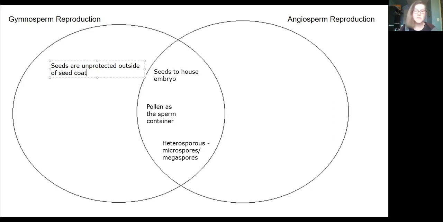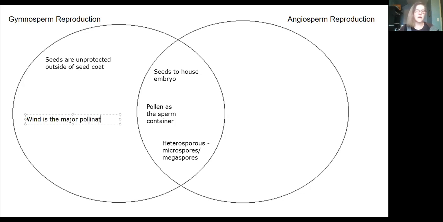So they each have a coat which has the stuff in the embryo inside of it, but they are otherwise generally unprotected. The other major thing about gymnosperm reproduction, so we're not focusing on the plant itself, because there's a couple differences between the plants, is that wind is the major pollinator. Gymnosperms are mainly pollinated by wind.